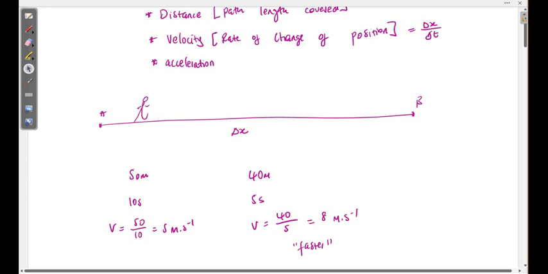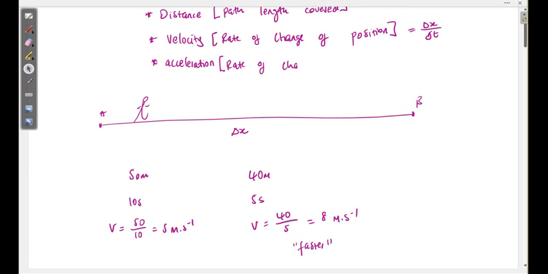And then acceleration, that would be the rate of change of velocity. The moment we're saying rate, we're talking about how fast.